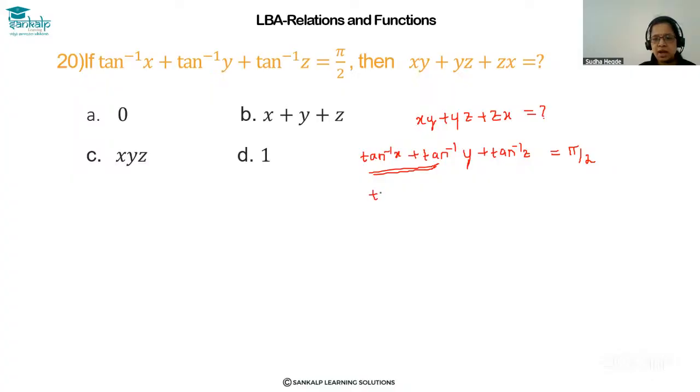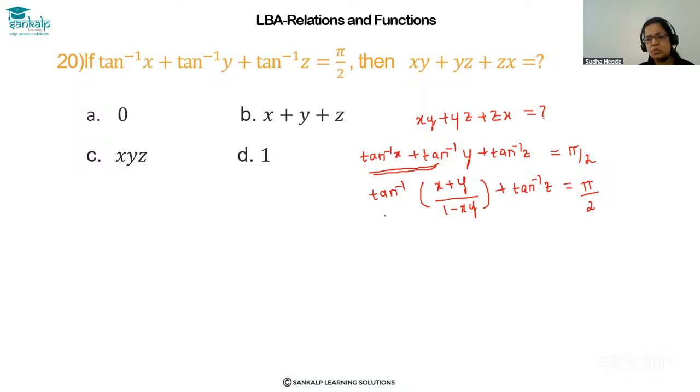It is tan inverse x plus y divided by 1 minus xy using standard formula, plus this tan inverse z I will keep as it is, that is equal to pi/2, that is given. Any doubts here? Got it right?